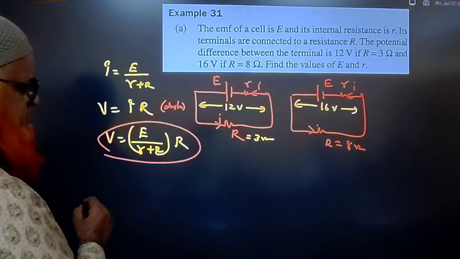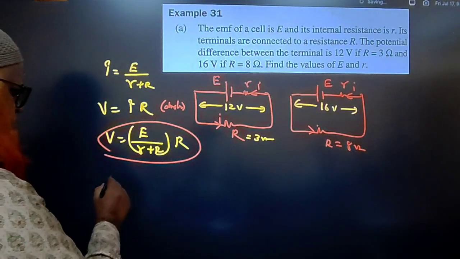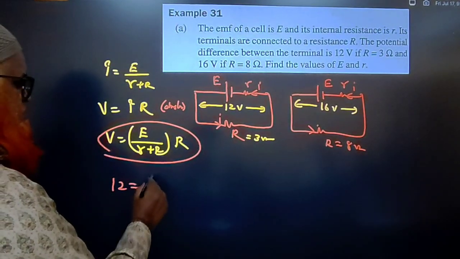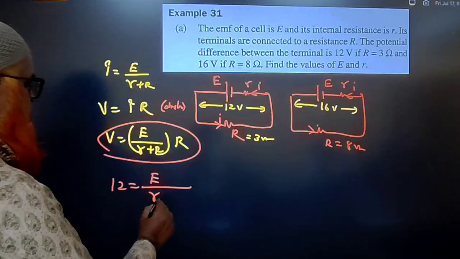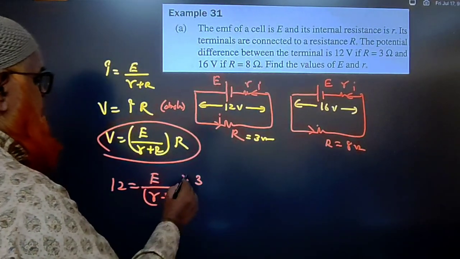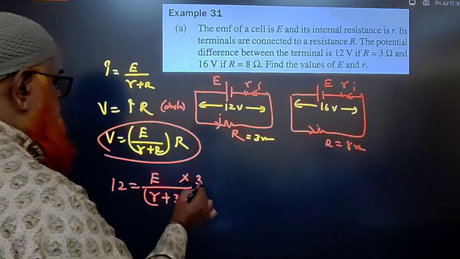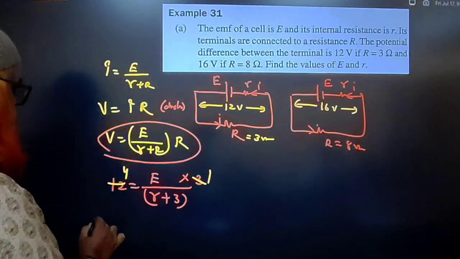See, in the first case, 12 volts is given, am I right? So 12 is equal to, E is not there, small r is also not there, capital R is 3, and here it is also going to be 3. So what do you understand from this? 3 ones are 3, 3 fours are 12.